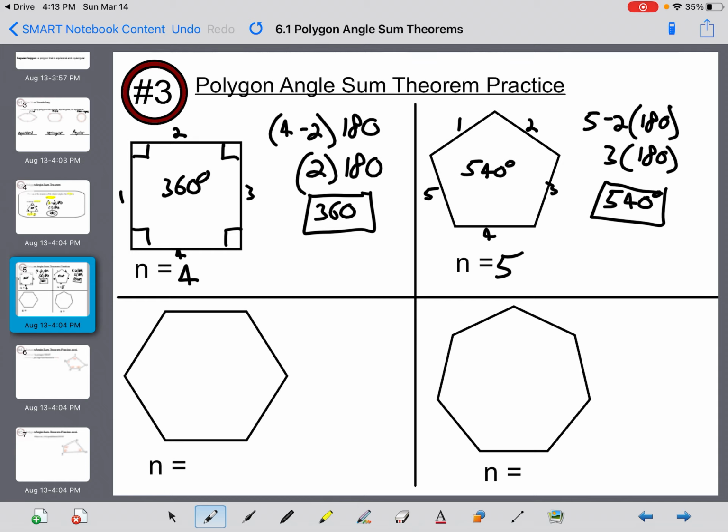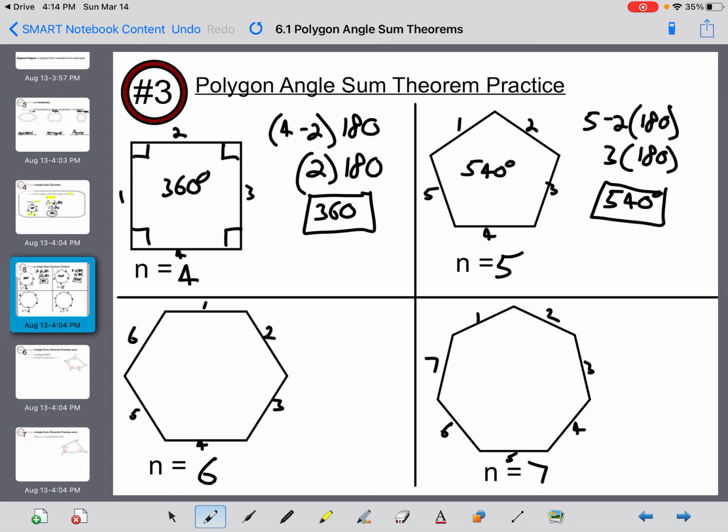Okay, so if you were to look at your next two, why don't you try these on your own? This time n is equal to 6. And in your next one, n is equal to 7.